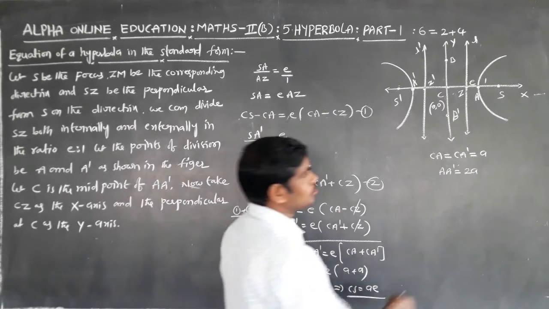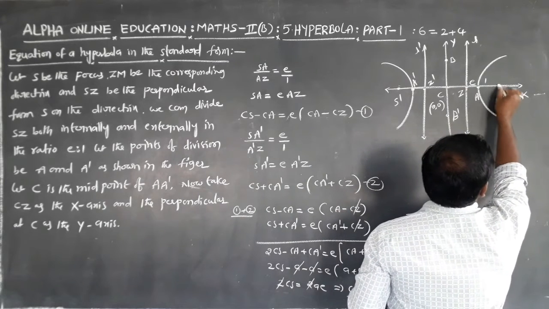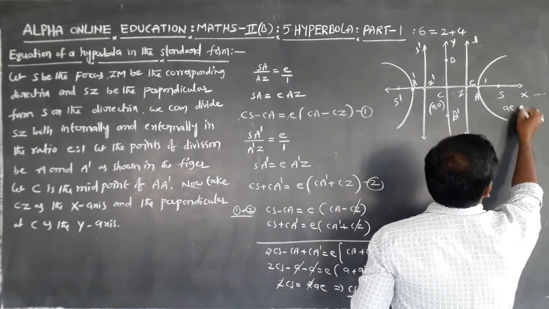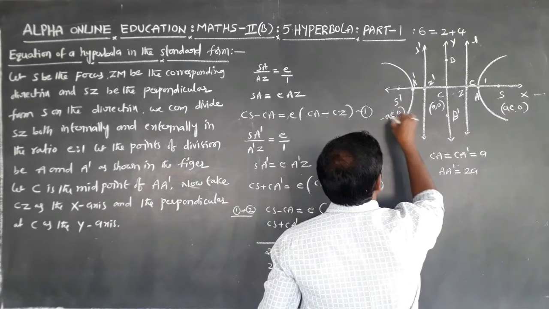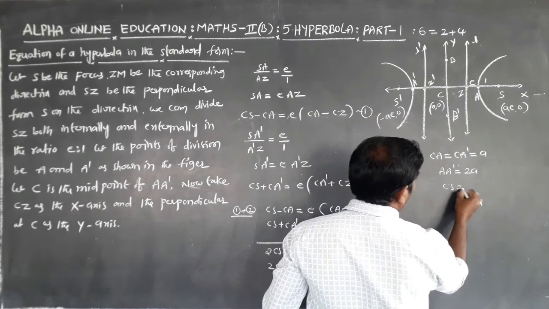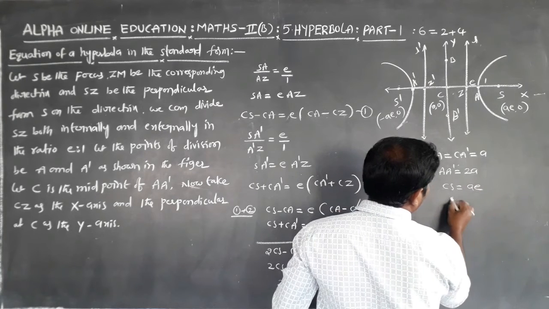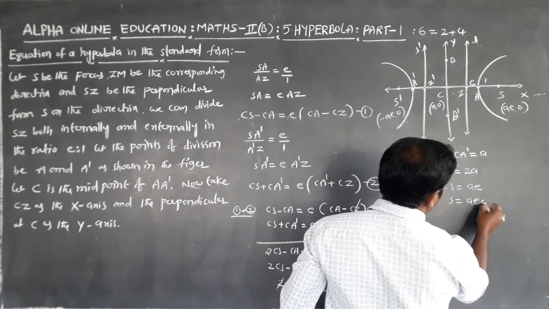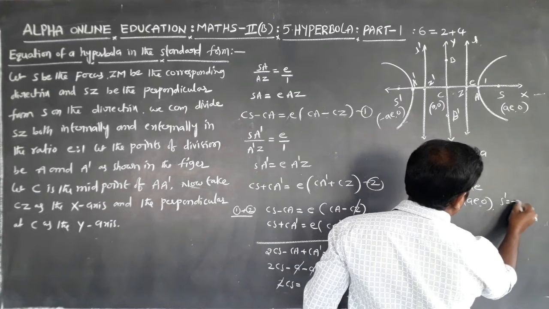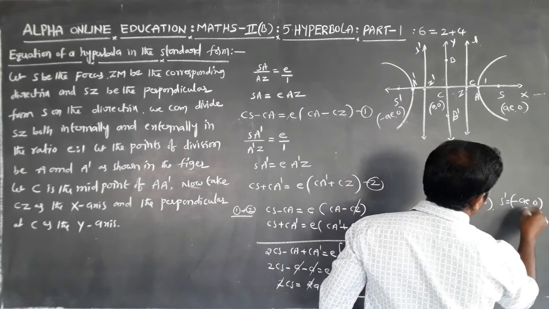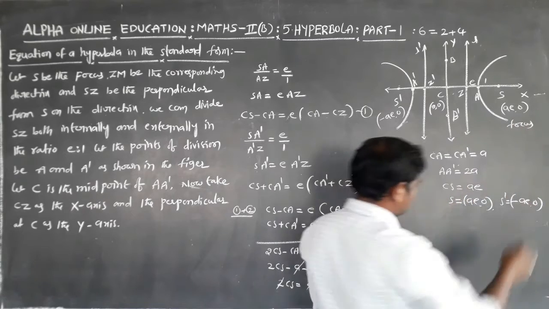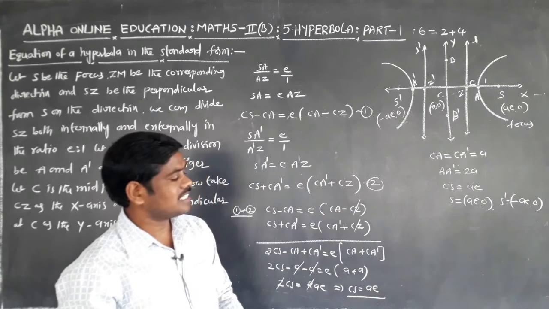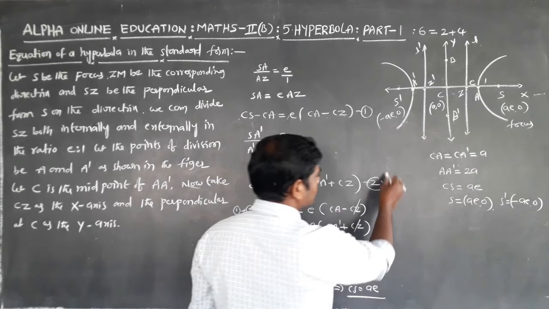CS equal to ae means the focus S is (ae, 0) and S dash is (minus ae, 0). This is the focus. Focus S equals (ae, 0).